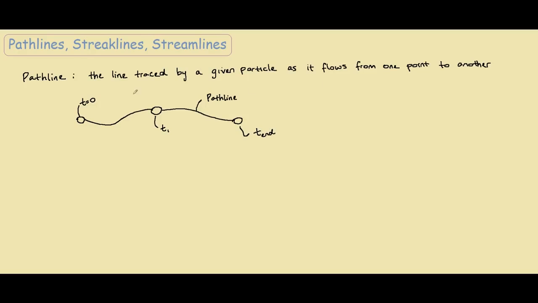So next we have a streakline. A streakline is simply a line created by particles in a flow that have previously passed through a common point.